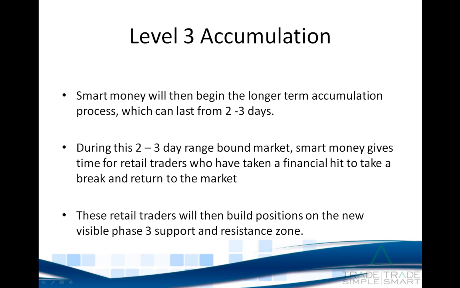Okay, so level 3 is for the liquidation of the majority of the smart money's accumulated position. It's also created to allow traders who have taken a hit in the market to return to the market, and in doing so, by creating a visible 2 to 3 day support and resistance level, it allows the build up of retail orders.